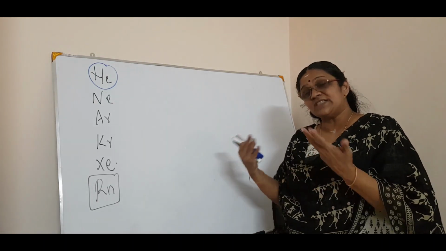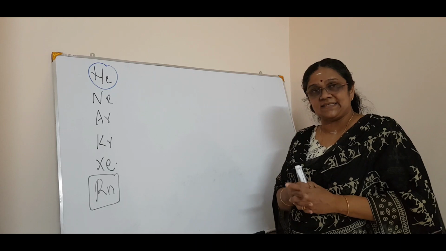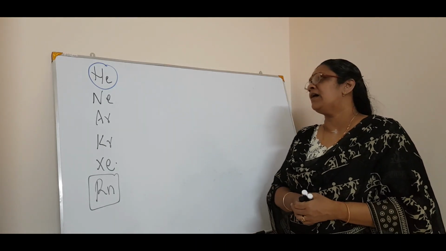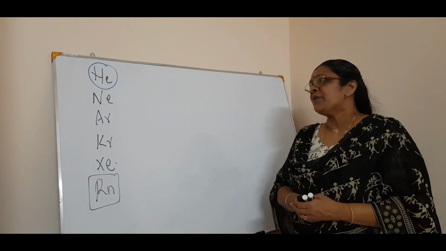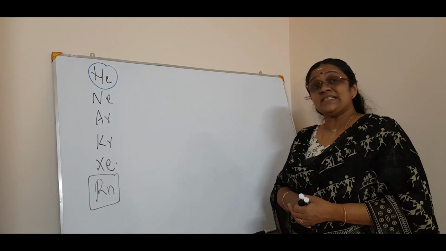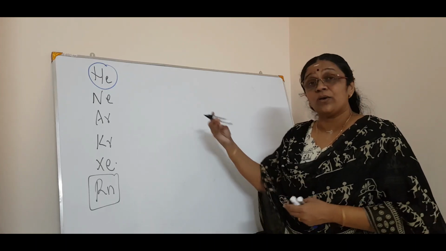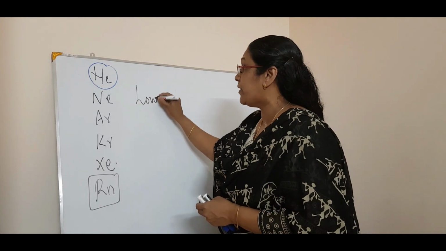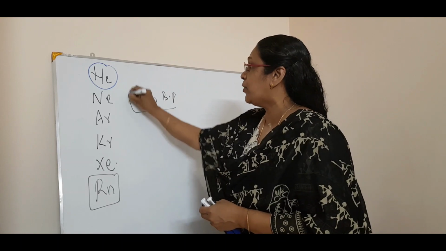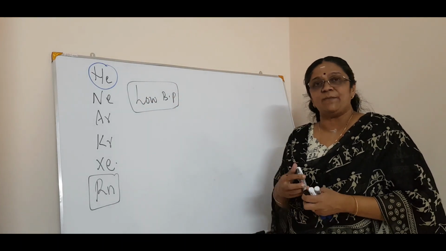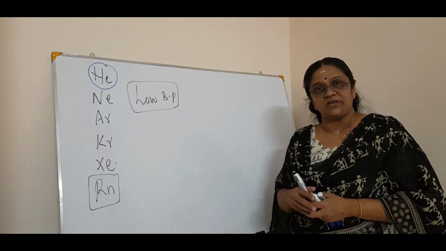In other groups you can have solids, liquids and gases, but here all are gases, where radon is an exception. Then, about the physical property, you can say they exist as monoatomic and have a very, very low boiling point. That is one important point. All these noble gas elements have a very low boiling point.